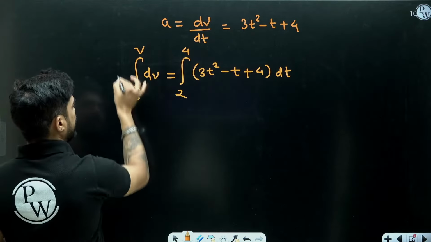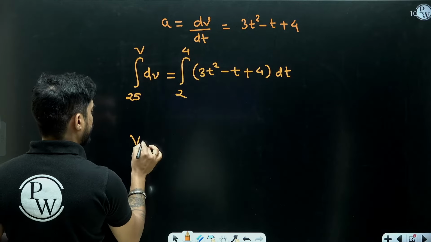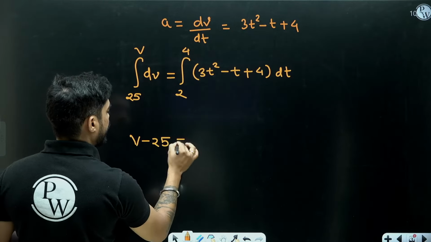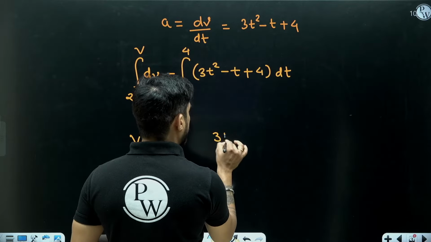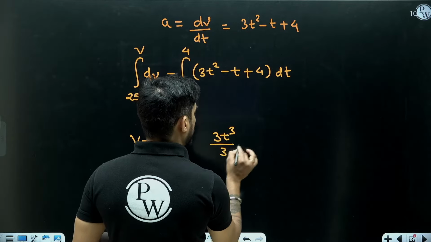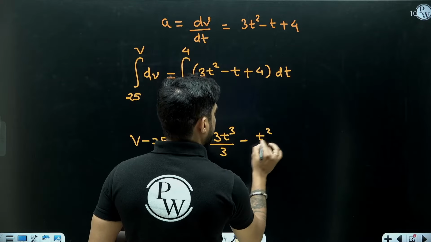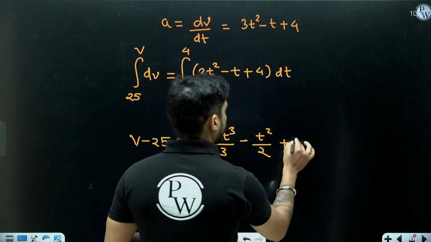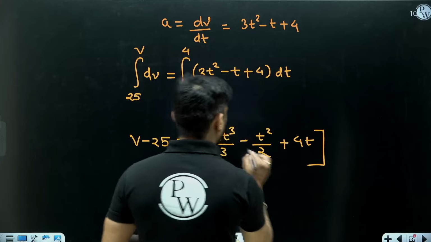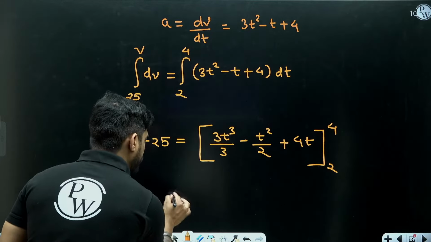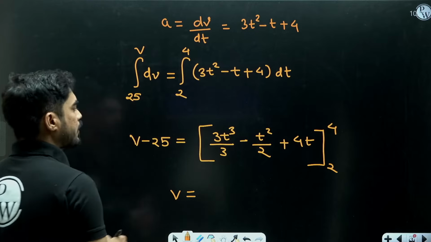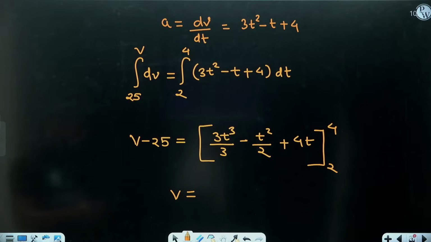So if I integrate the left hand side, I will get v minus 25. And if I integrate the right hand side, I will get 3t cube by 3 minus t square by 2 plus 4t, and the limit will be 2 to 4. After solving this, we will get the required velocity.